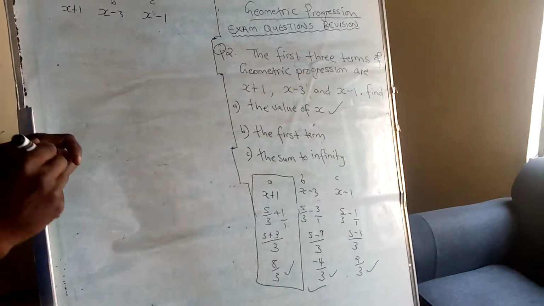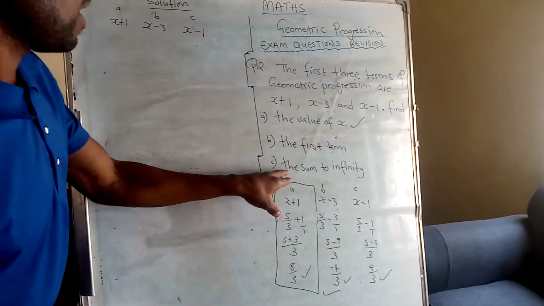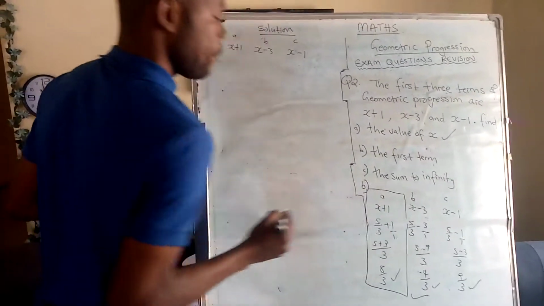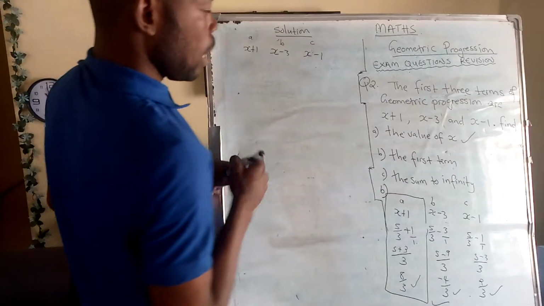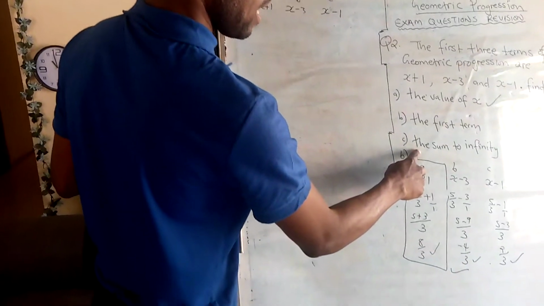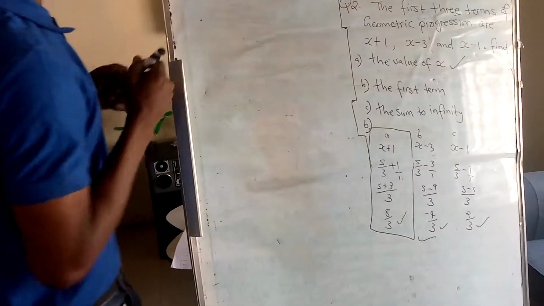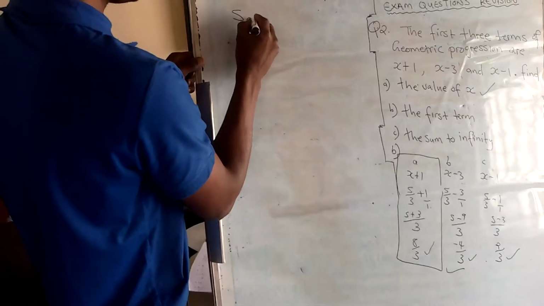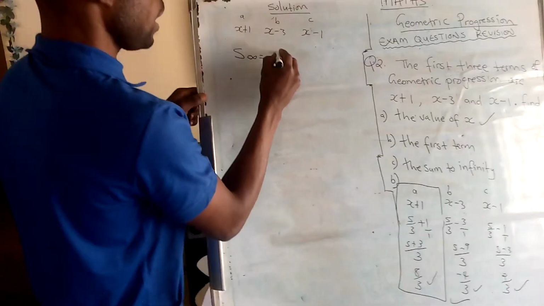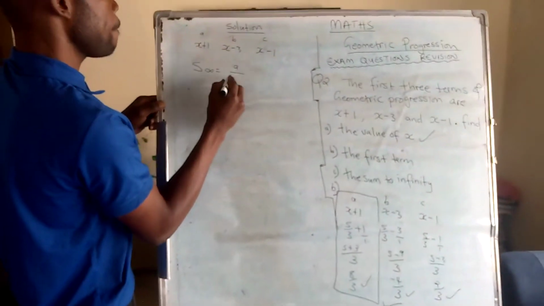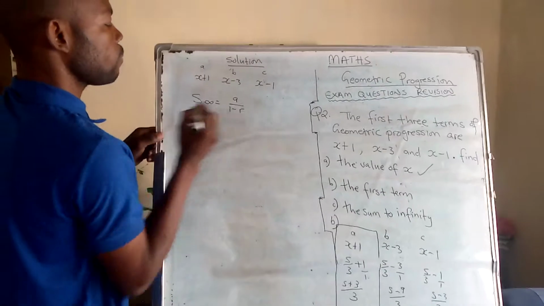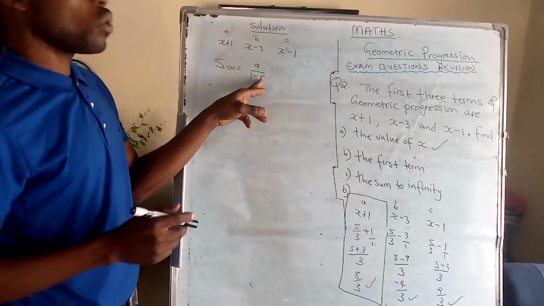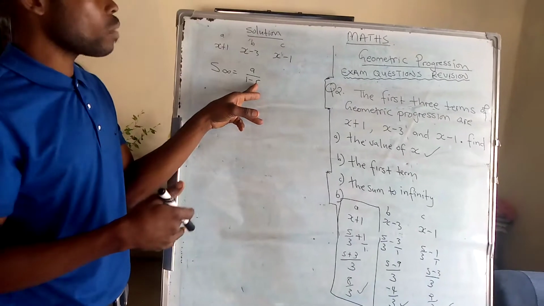Fine. Then we are going to the last question. Our last, which is the sum to infinity. Sum to infinity is given by the formula: sum to infinity is equal to A over 1 minus R. Okay? This symbolizes that your ratio should always be less than what?